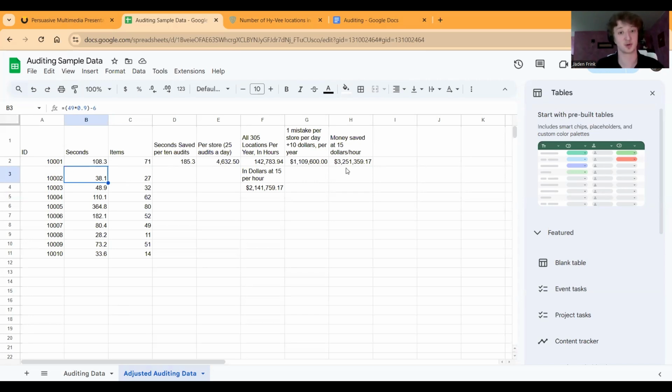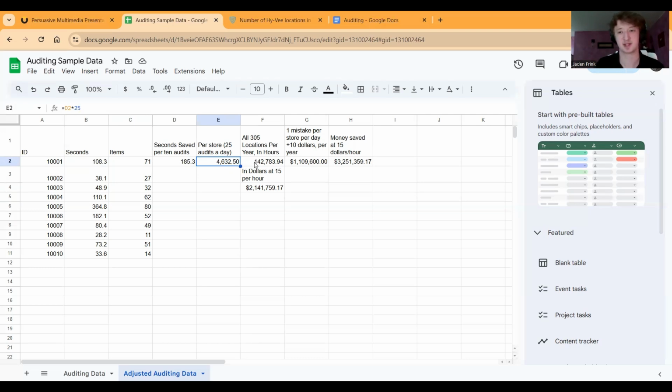You may have seen these numbers over here and already started to realize it is worthwhile because when you take the number of lost seconds and extrapolate them to all the stores that we operate over the course of a whole day, with, say, I estimated 25 audits in a day, then it really starts to rack up, per store, 4,600 seconds.